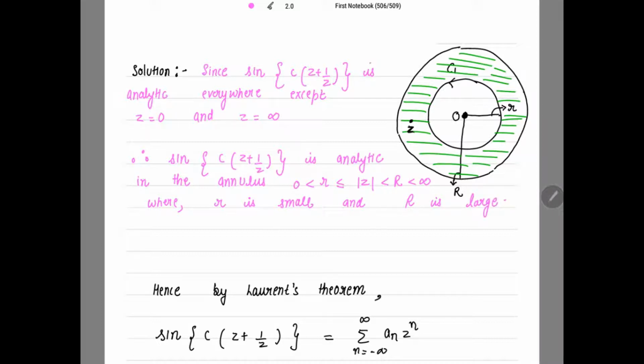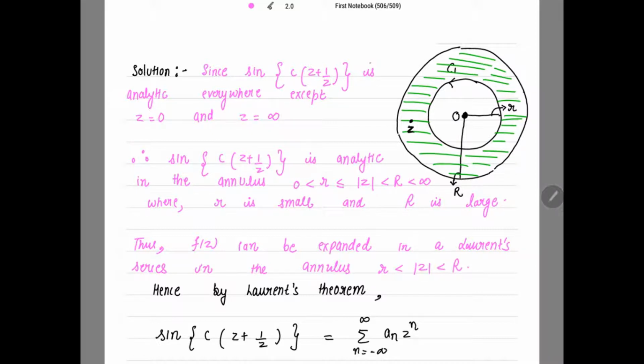So if the function is analytic in this annulus, if I remove the 0 and infinity, I can also write thus: f(z) can be expanded in a Laurent series in the annulus small r less than mod z less than capital R, right?